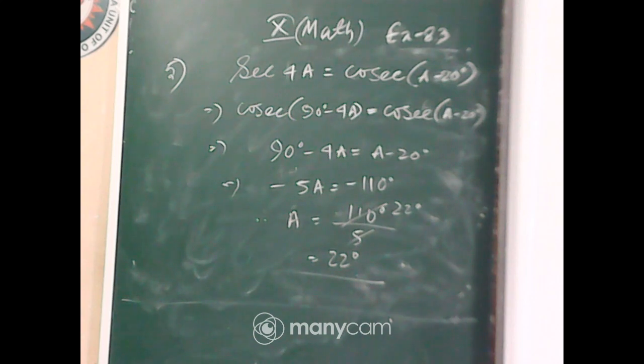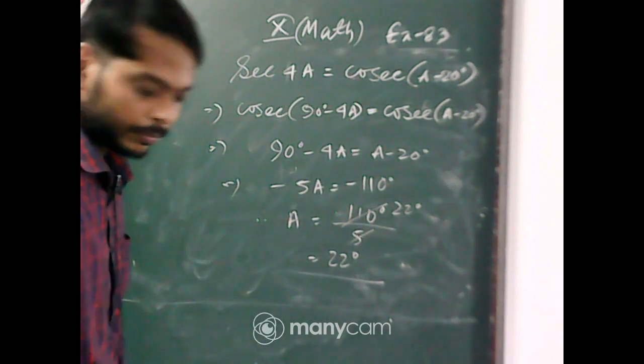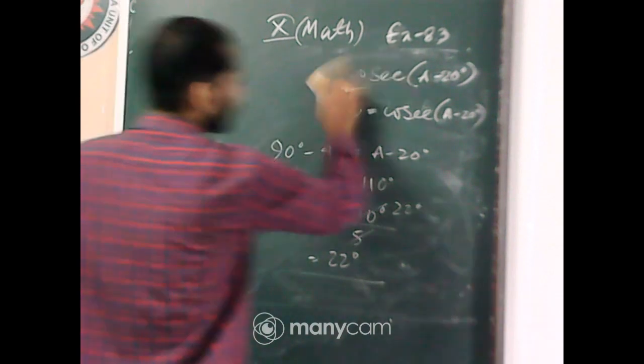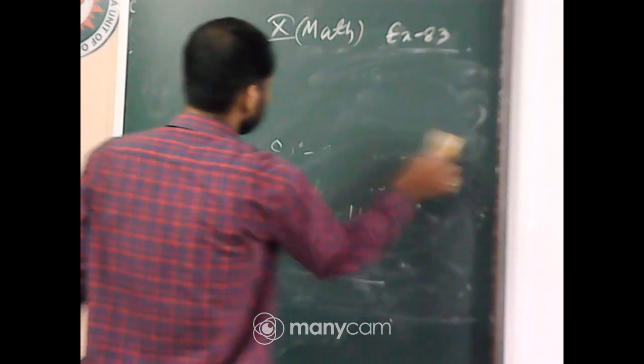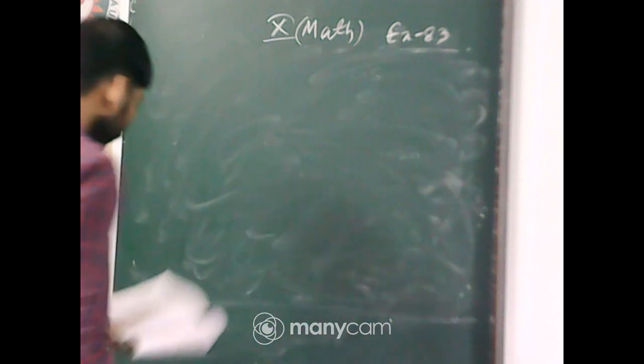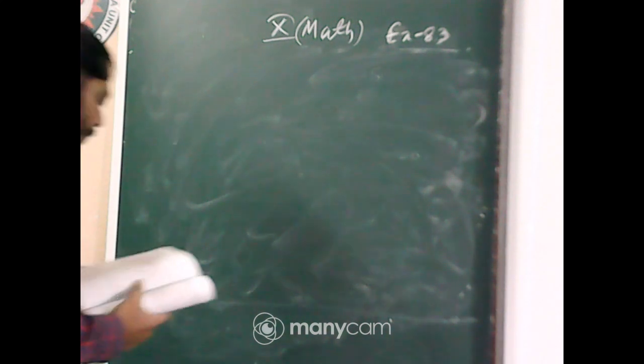Five is done. Move on to question number 6. The last two problems of this exercise, 6 and 7. Move on to question number 6. First, go through the problem.